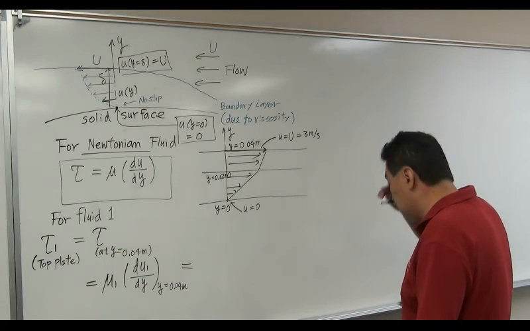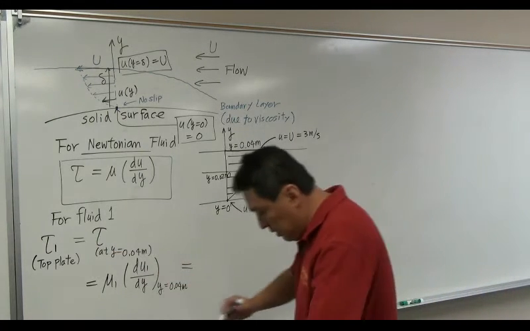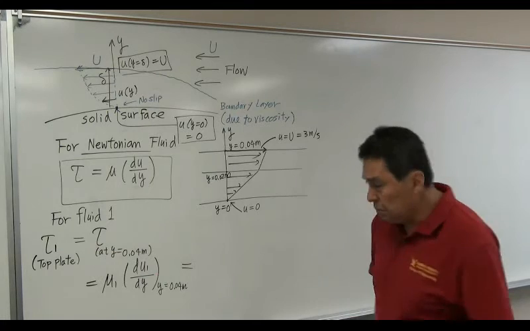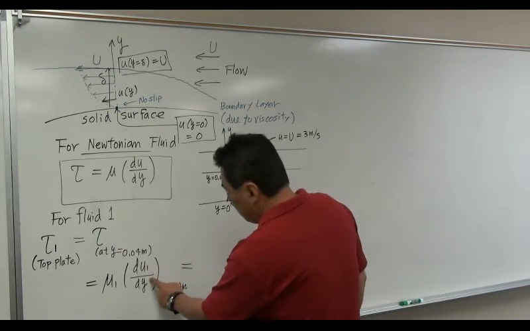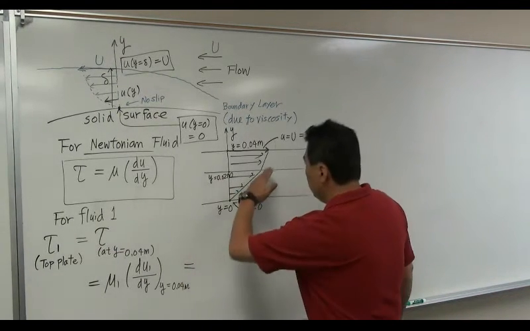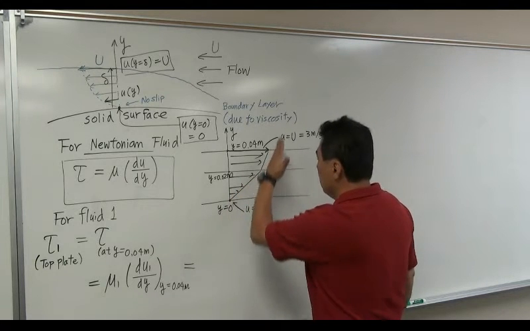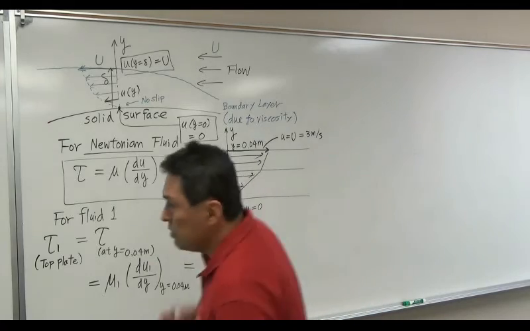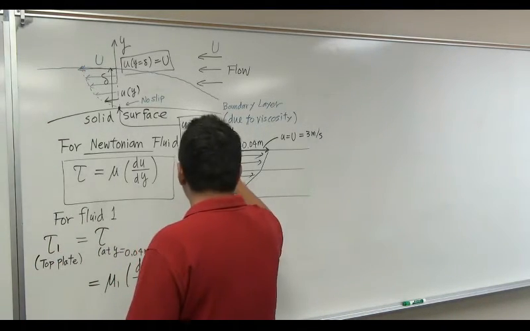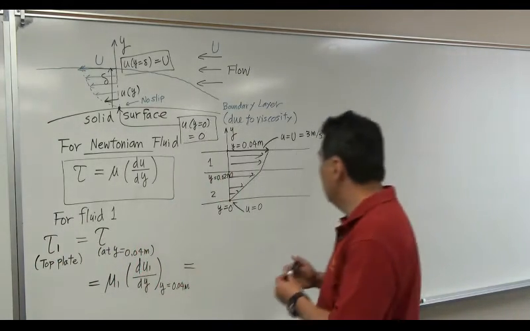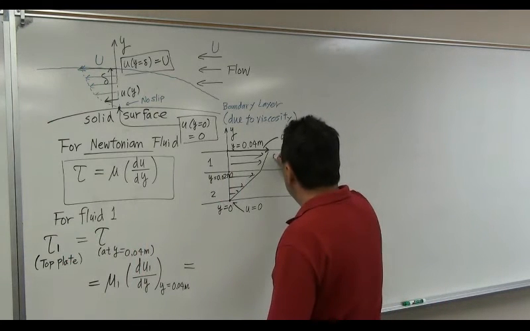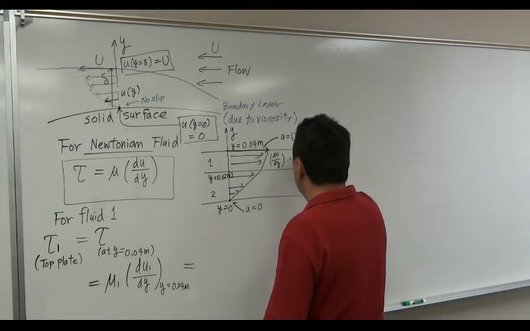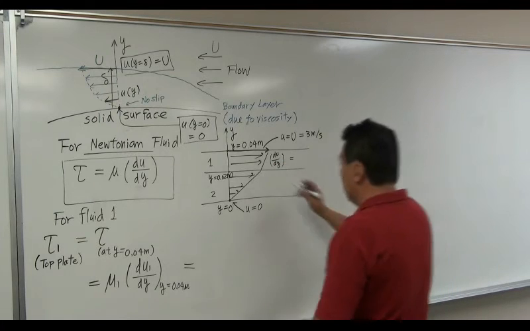Now, interesting thing about it is du dy is essentially the slope. Slope means how much velocity change happens for the change of y. It's a linear function. So slope is a constant in this region, that region. This is region fluid 1, fluid 2. Okay? So du dy really is this slope.